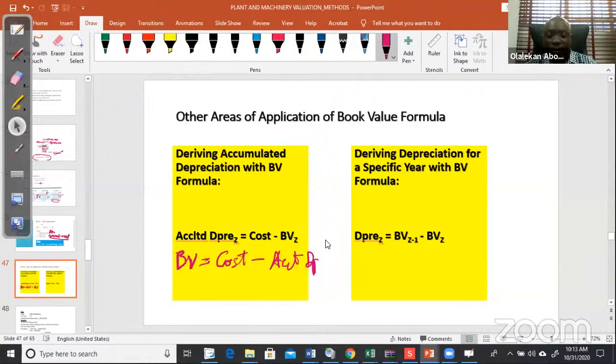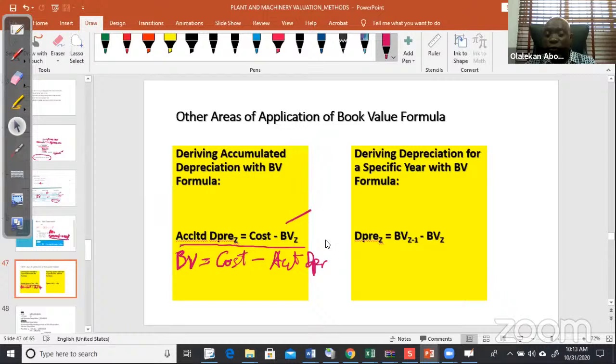You remember that? Then make accumulated depreciation the subject of the formula. When you do that, you have what I have here. So accumulated depreciation at the end of Z period will be cost minus book value.